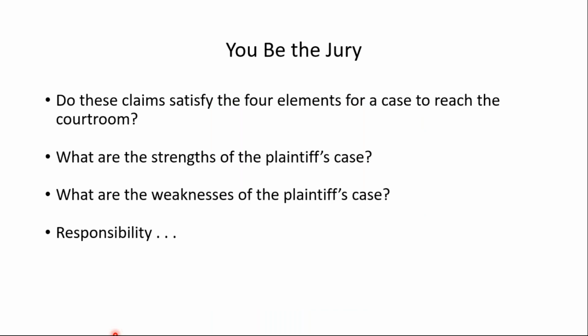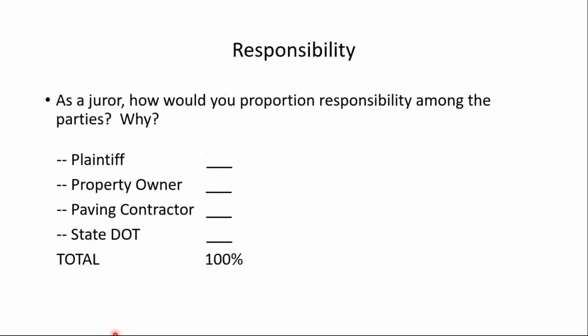So again, we'll ask you for your response, either in the chat box or feel free to raise your hand. Do you think these claims against these three defendants satisfy the four elements for a case to reach the courtroom? What do you think are the strengths of the plaintiff's case? What about the weaknesses of the plaintiff's case?